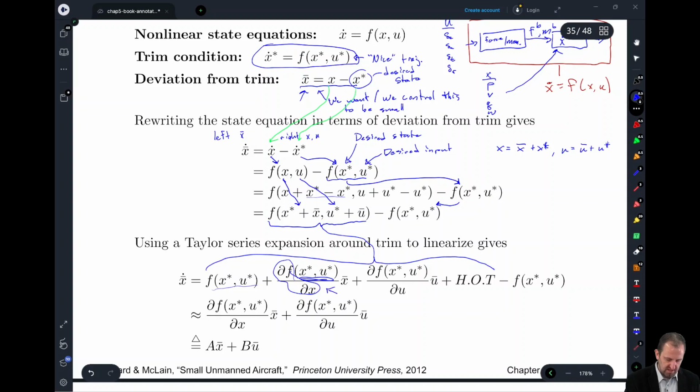So this component right here is constant, and then we multiply it by x bar. And then we take our df du, evaluated at the equilibrium, and multiply it by our deviation, u bar. Again, this is another constant. These are constant matrices.